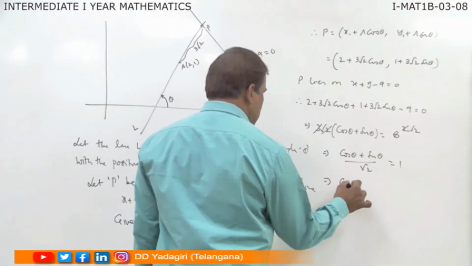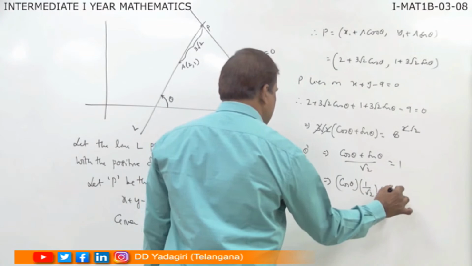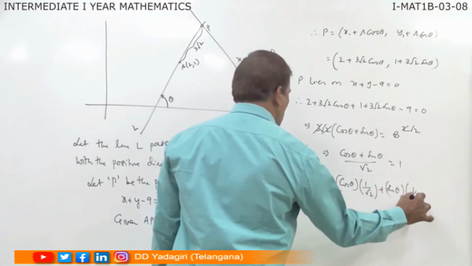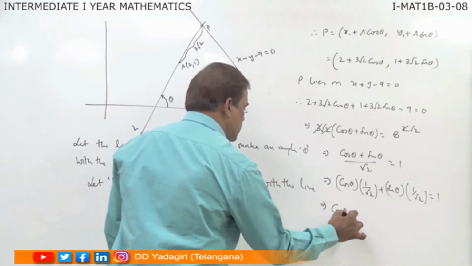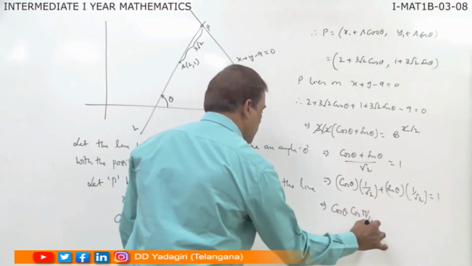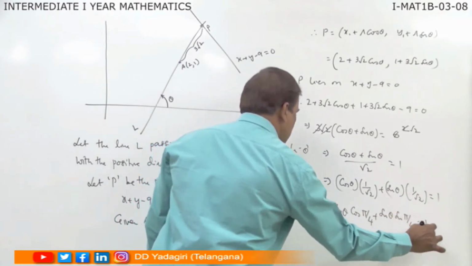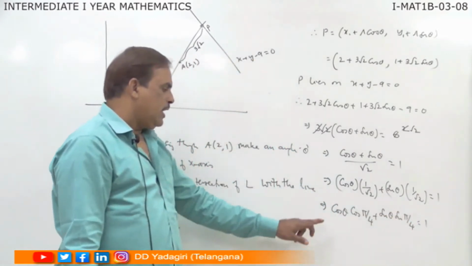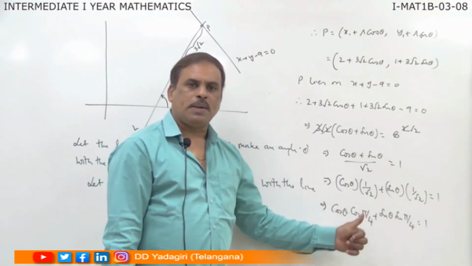This is cos theta into 1 by root 2 plus sin theta into 1 by root 2 is equal to 1. This can be written as cos theta cos pi by 4 plus sin theta sin pi by 4 is equal to 1. ఇదే రూపంలో ఉంది ఇది. Cos A cos B plus sin A sin B is equal to 1. What is cos A cos B plus sin A sin B?